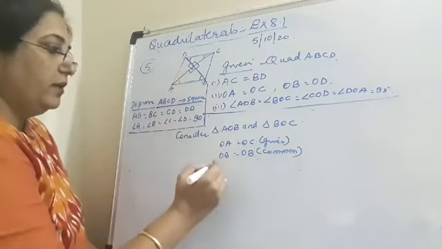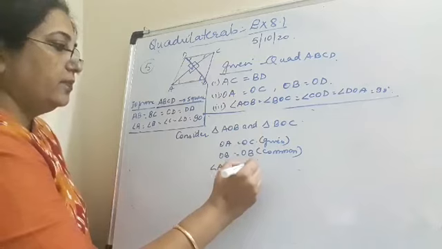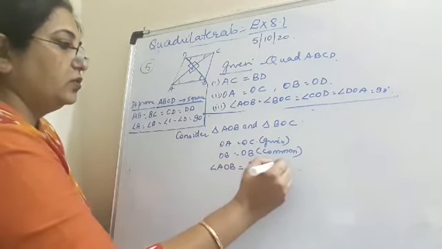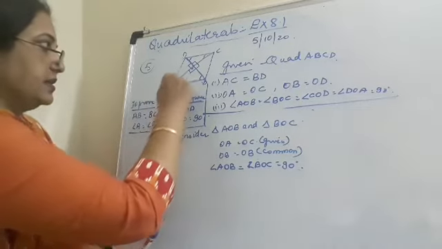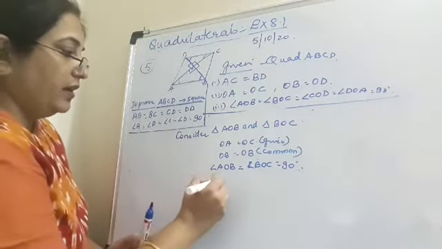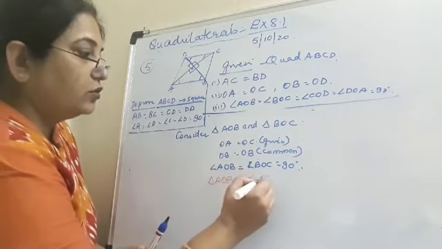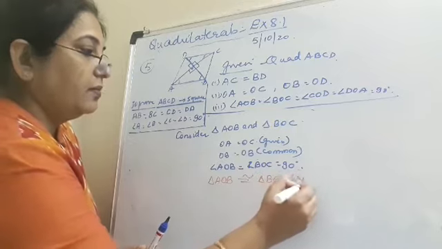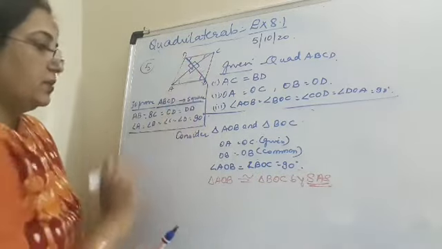That angle AOB is equal to angle BOC and equals to what? 90 degrees. So can we apply SAS, side, angle, side? So yes, we can write triangle AOB is congruent to triangle BOC by side angle side congruence. So this is complete with this one.